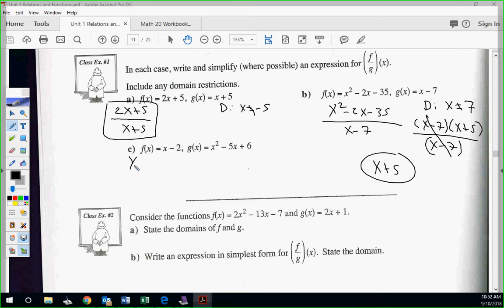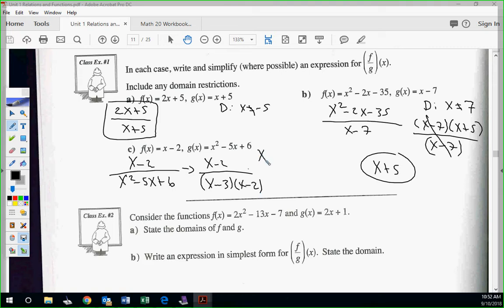C. Ooh. We're going to have 2 problems, huh? Look, we got x minus 2 over x squared minus 5x plus 6. The reason I can say 2 problems is because it's quadratic, right? The bottom does factor. They're giving you some basic stuff here. So what's your domain here? Yep.